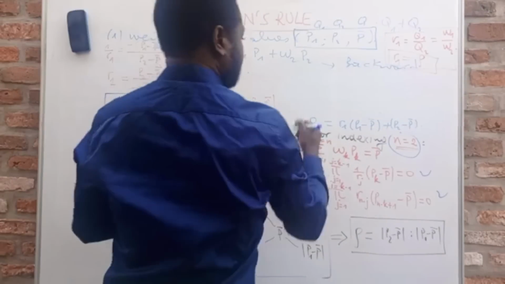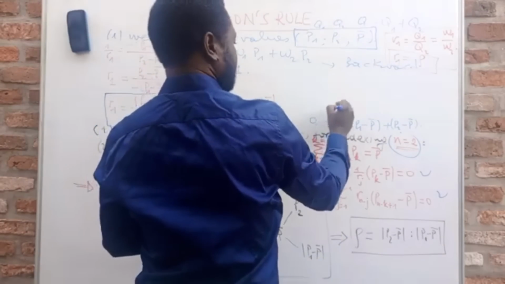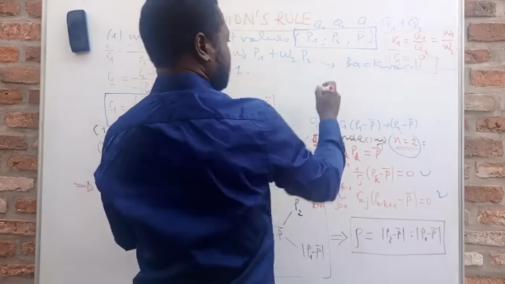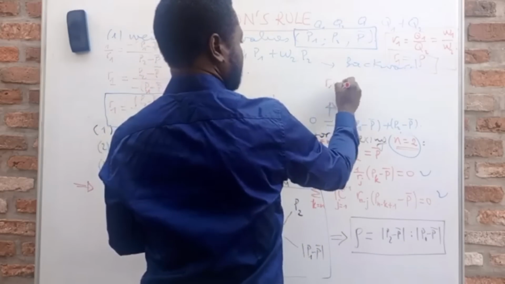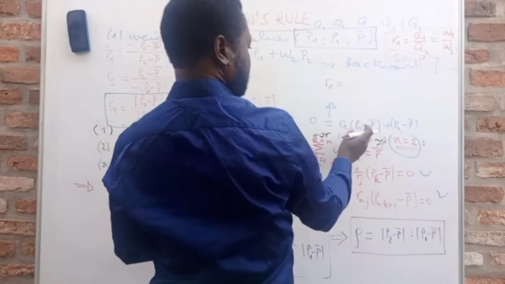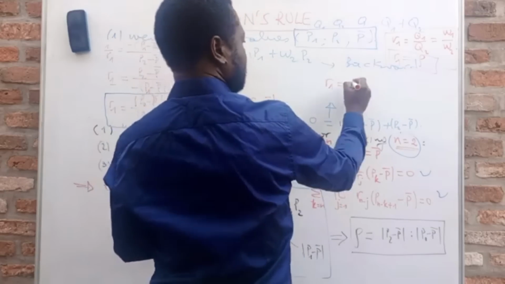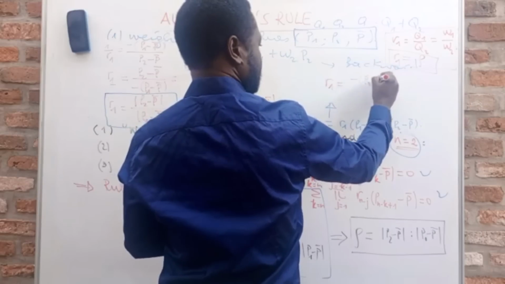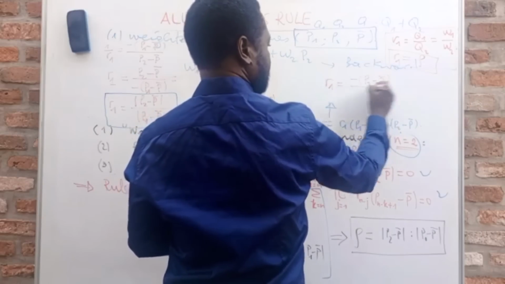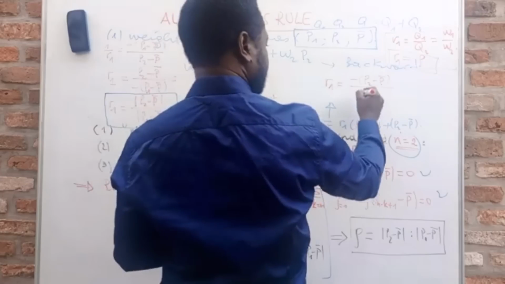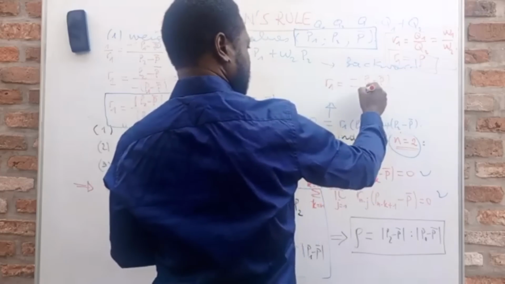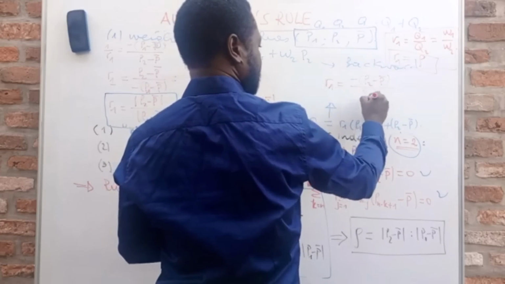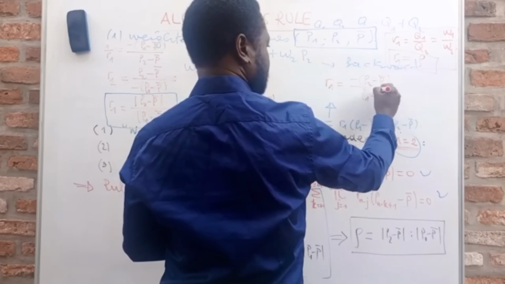Now in this case, I will have R sub 1, which will be equal to, on this side, the opposite of P sub 2 minus P bar divided by the factor of R sub 1, which is P sub 1 minus P bar.